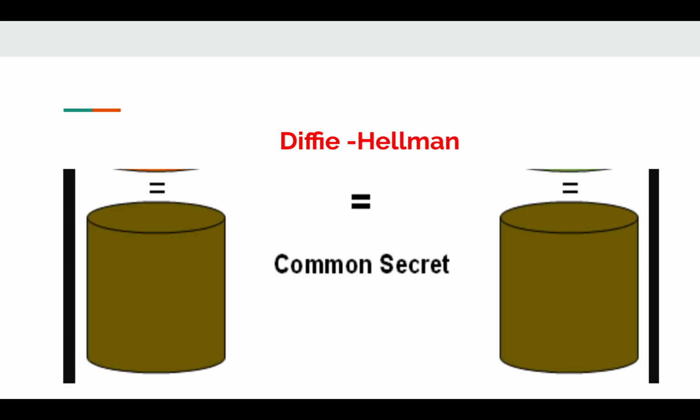Once they do it, they will have the same color, because they've mixed all the colors, which means they will have the same key for decryption. And once they have this key, they can decrypt a message.